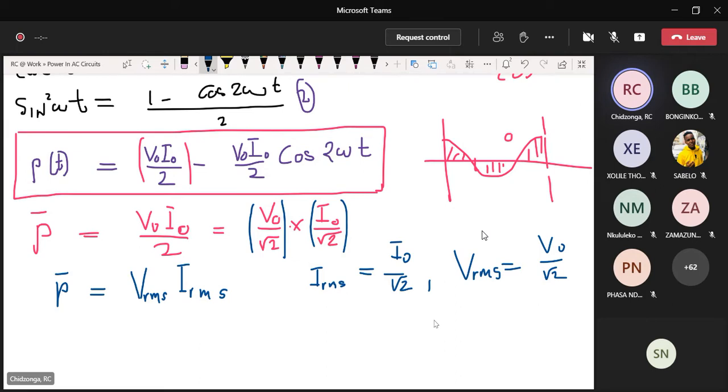In most cases, when you say the supply from ESCOM, if you are talking about single phase, we always say it's 220 volts. That 220 volts is actually a root mean square voltage. It's not the peak voltage, so you should know from now. It's a root mean square voltage.